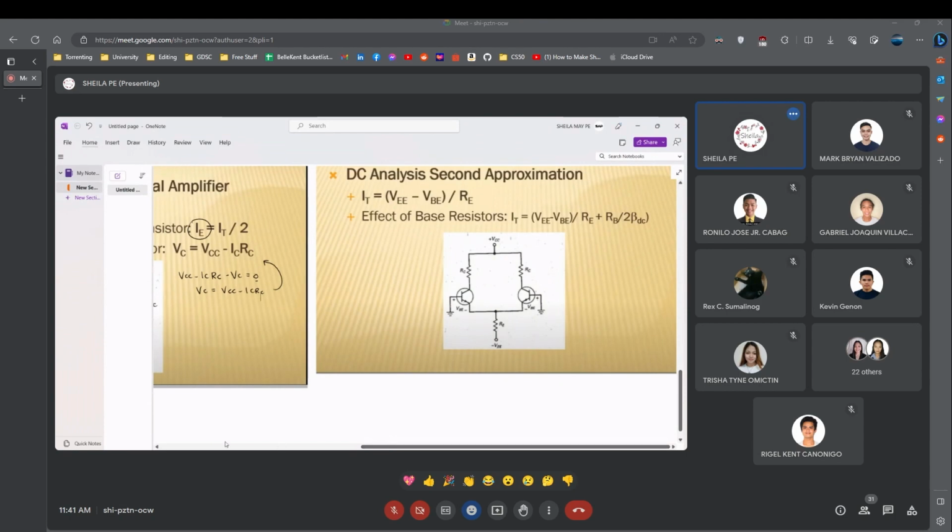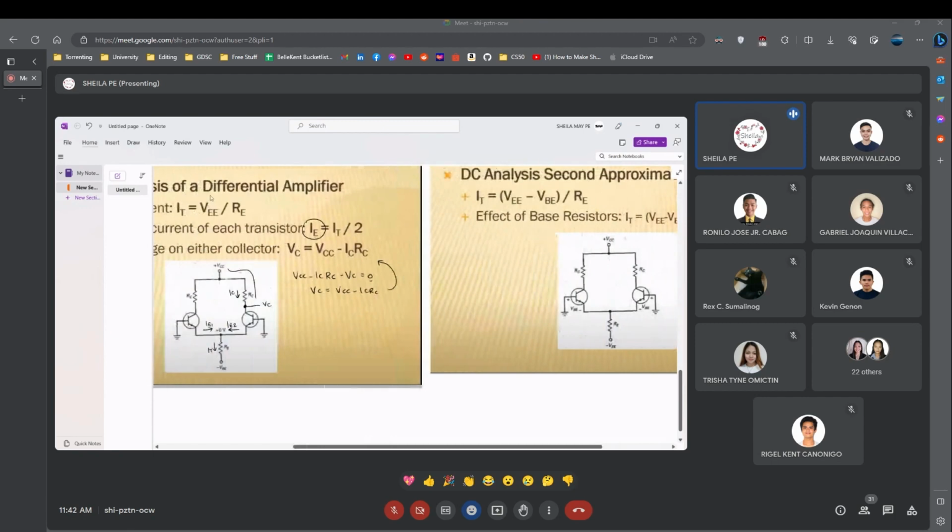So in here, it's just really the same, class. Tanaw ninyo, VEE over RE. But for a second approximation, na may 0.7. 0.7 is the voltage drop from our base terminal down to our emitter terminal. So that's 0.7, right? Unsang pagkuha si IT.